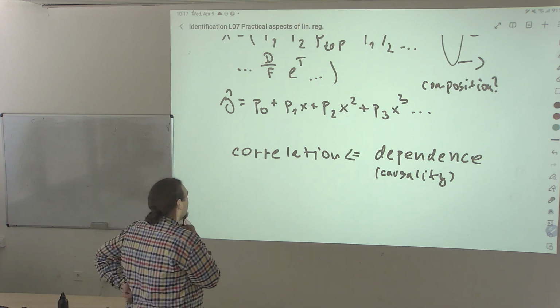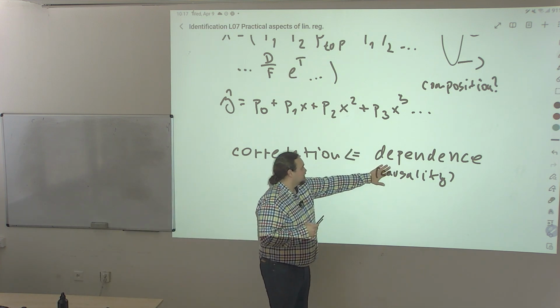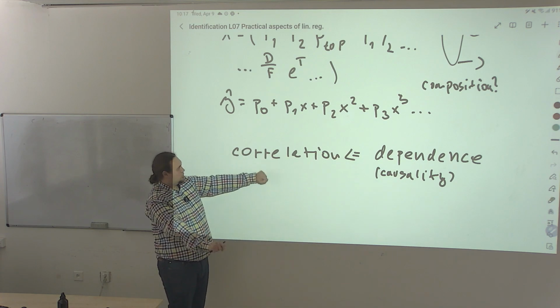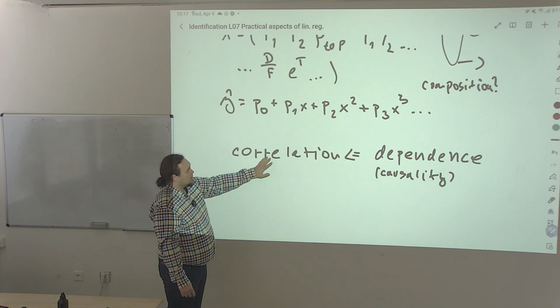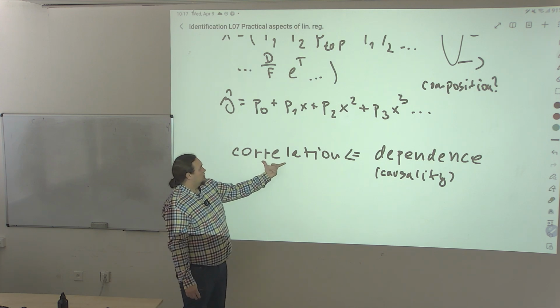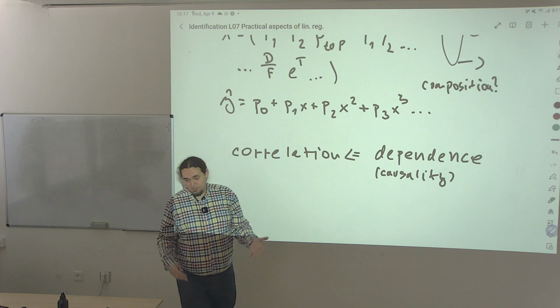Correct. So if there is a dependence among some variables, then we should see it in the correlation coefficient. It would imply correlation. Correlation doesn't imply that there is a dependence.